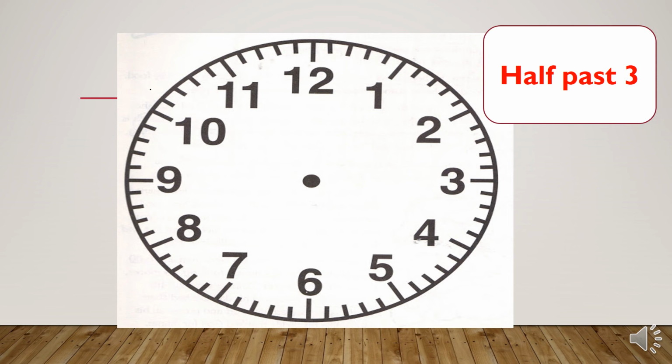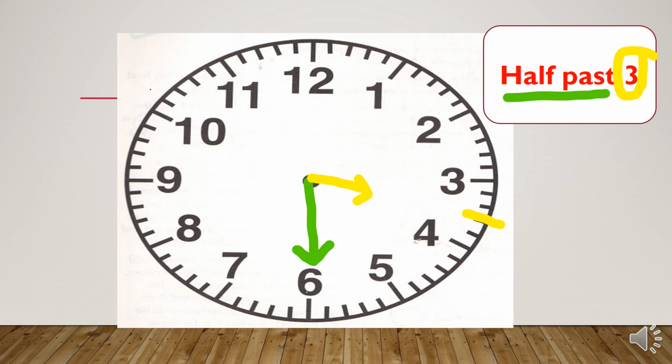Now, once it is half past, I should keep in mind that the hour hand is not exactly at 3. It's moving after 3, half an hour. This means that it should be at the middle between 3 and 4. And when I say half past, it means that the minute hand is pointing to number 6. So this is how I will draw my hands.